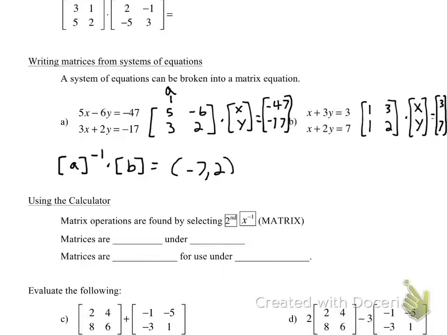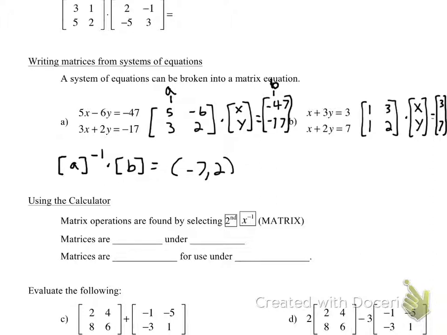I'd put that in my calculator as a 2 by 2, and make that A. Then I would make what my matrix equation equals as B in my calculator. And I'll do the inverse of A times B, and it'll give me my solution. That's the same solution you'd get if you graphed, or used substitution, elimination, Cramer's rule, any of that. You're obviously going to get the same solution. That's the point of intersection of those two lines.